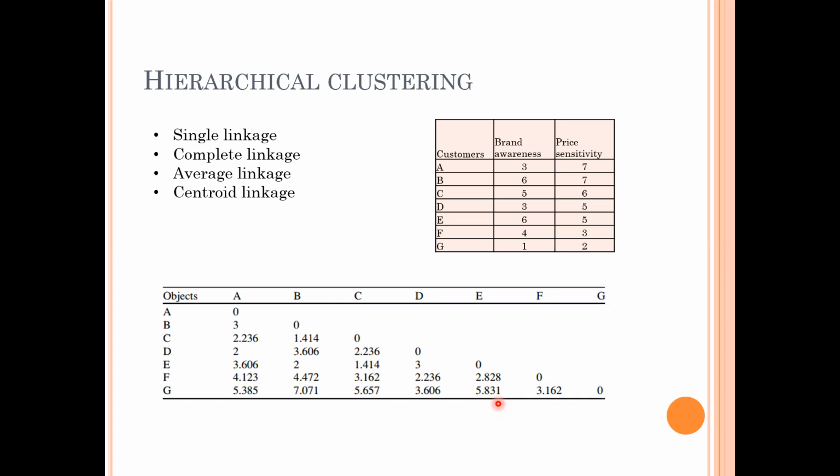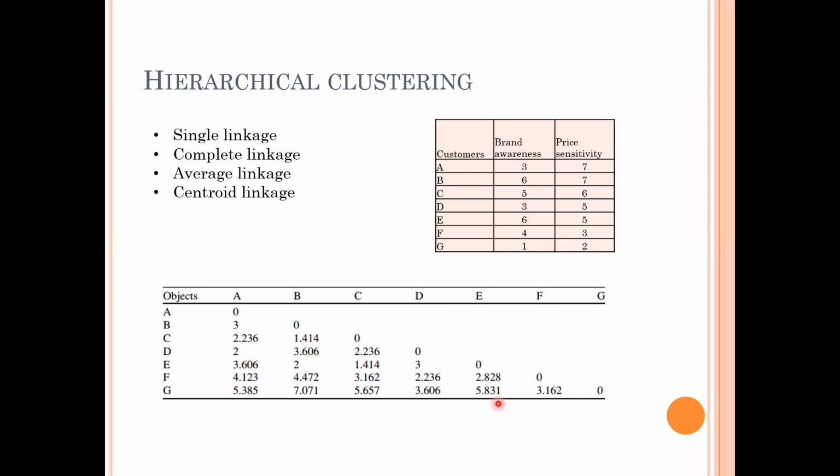That means they have 0 distance from themselves. So that's why the diagonal elements are 0, but the off-diagonal elements have some value, and you are trying to measure the distances. Based on that, if I calculate, you will get that B and C have a distance of 1.414. I think they have used single linkage.